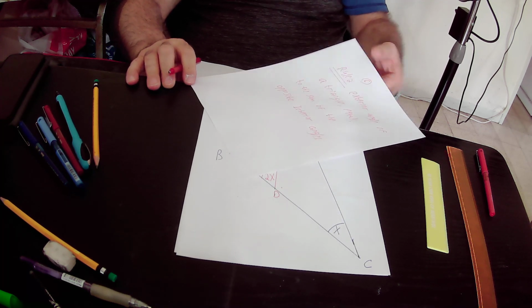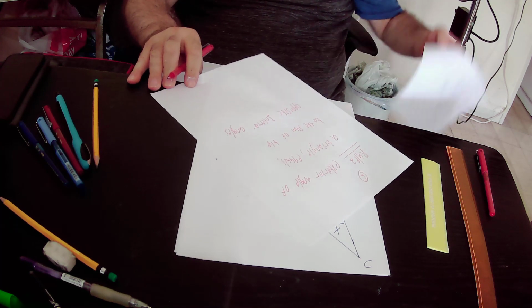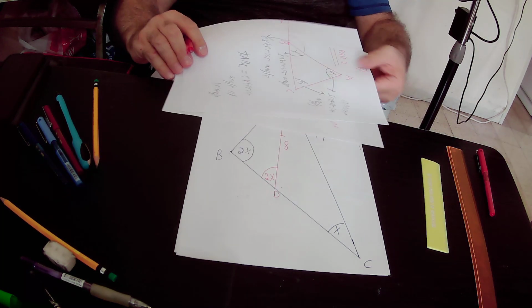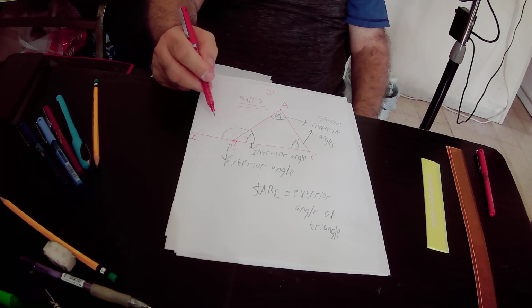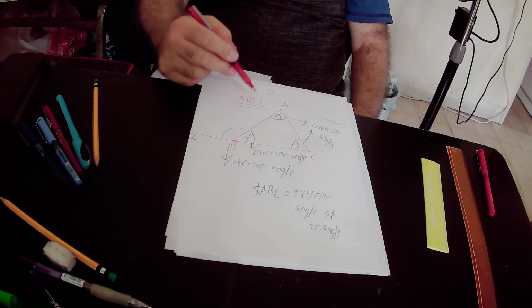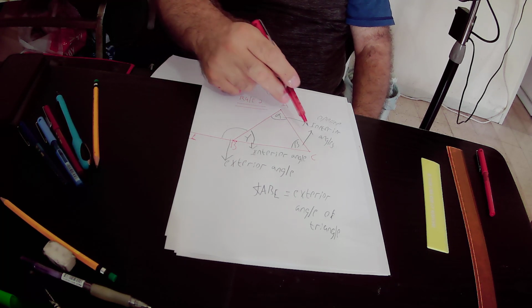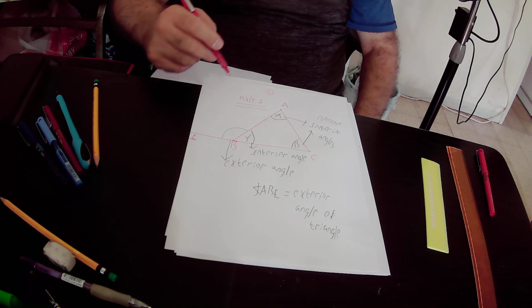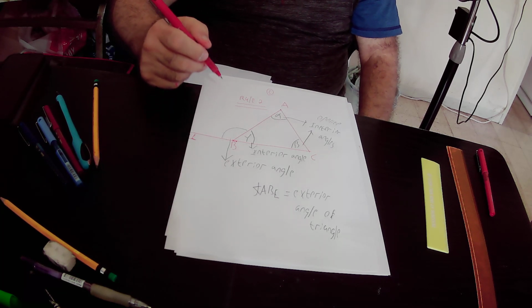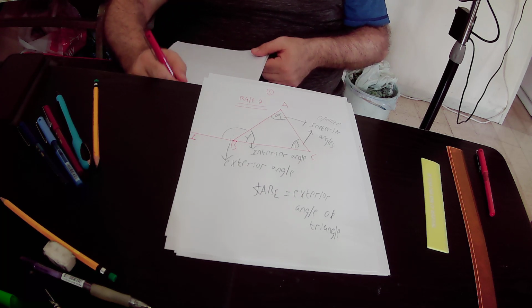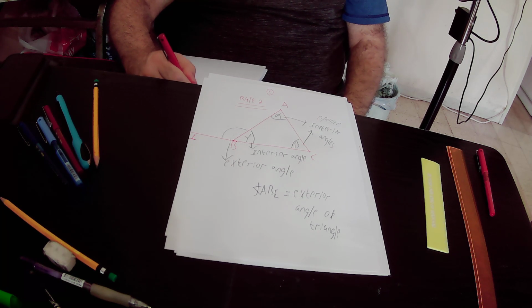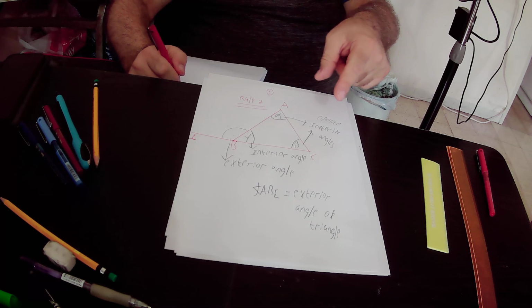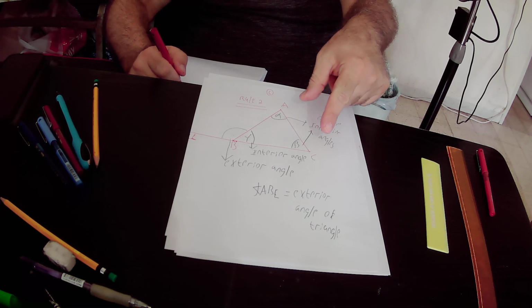So rule number 2 states that the exterior angle ABL equals the sum of the two opposite interior angles.